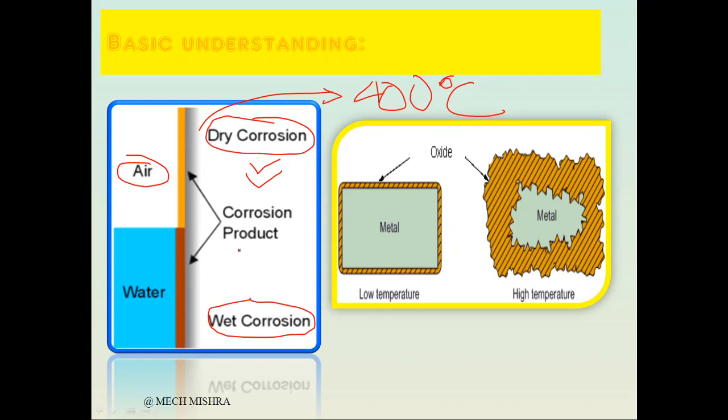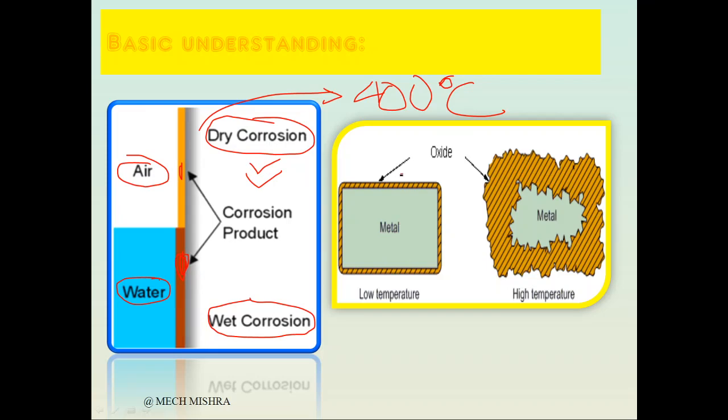And wet corrosion means it occurs at lower temperatures, and here water or moisture will be present. In dry corrosion the corrosion product will be oxide scales, and in wet corrosion it will be rust or some form of hydrated oxides.